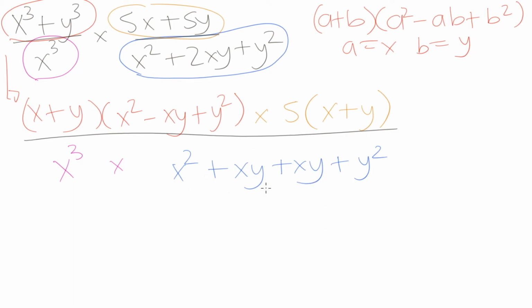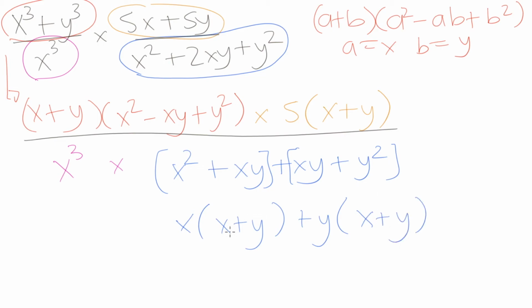And now if we were to factor this by grouping in pairs, we can factor in these two groups. So let's take an x out of here. We'd be left with x plus y. And let's take a y out of here, and we'd be left with x plus y.